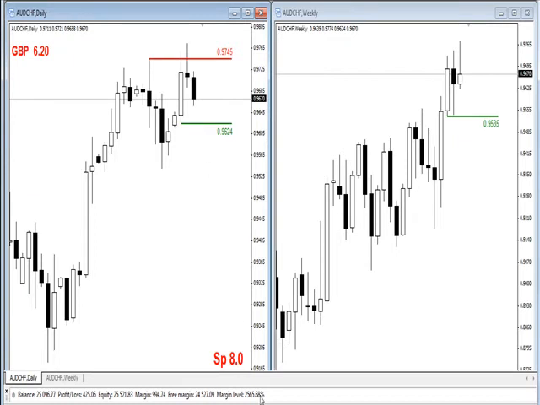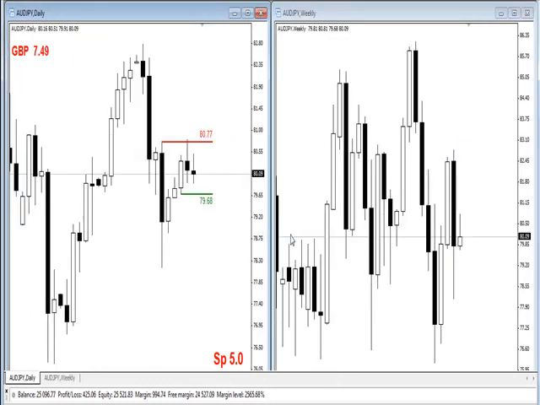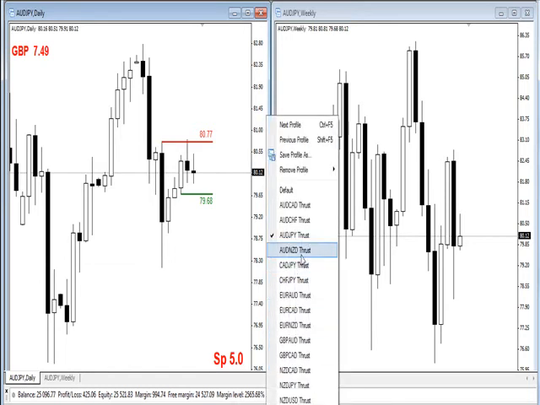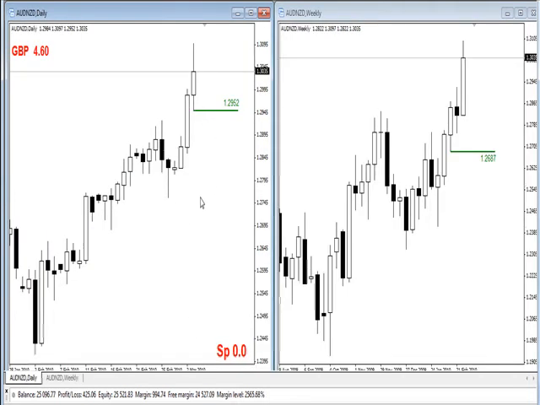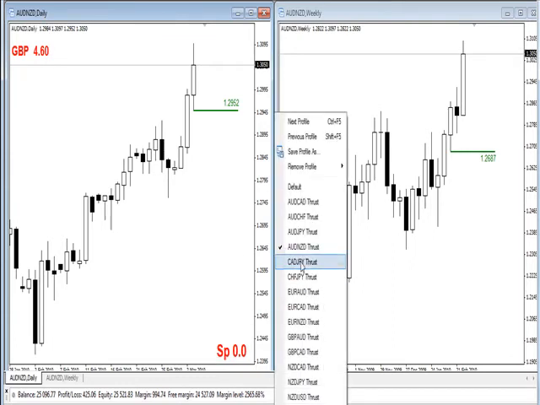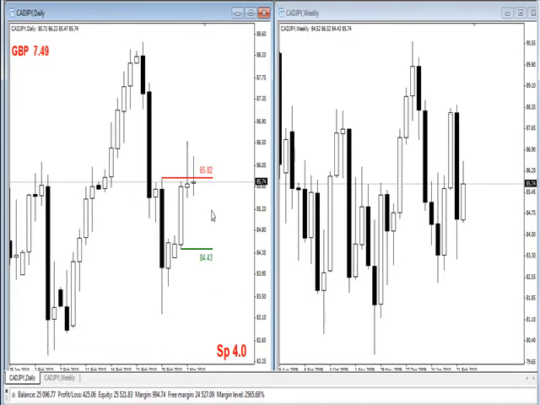So nothing doing on the Aussie Swiss franc, nothing doing on the Aussie Japanese yen, nothing doing on the Aussie New Zealand dollar, nothing doing here either, but this level's holding the market at bay at the moment, so a removal here could be promising.